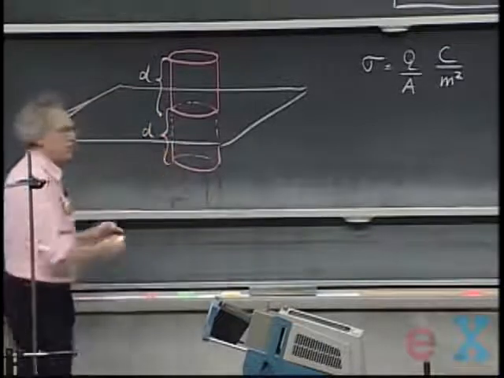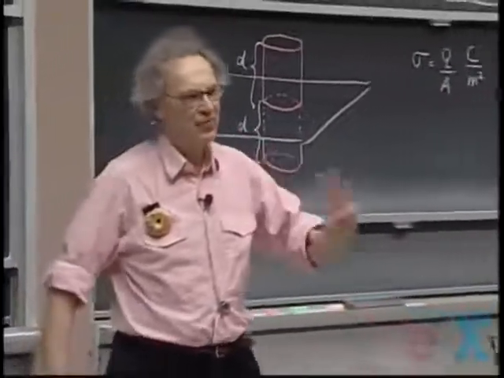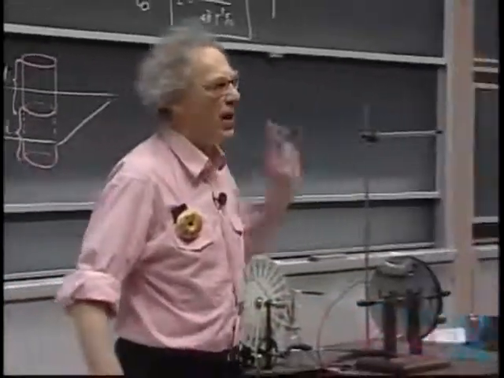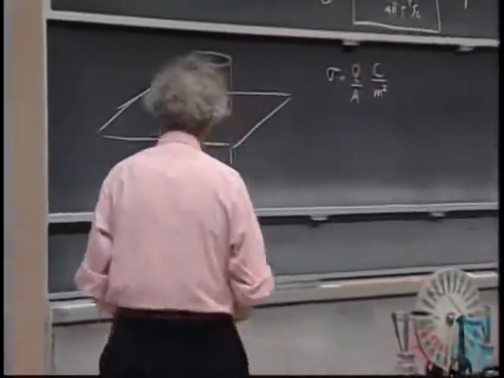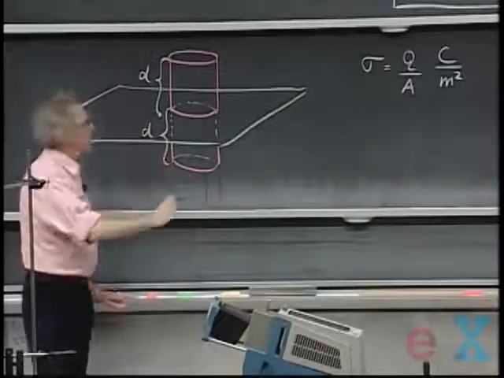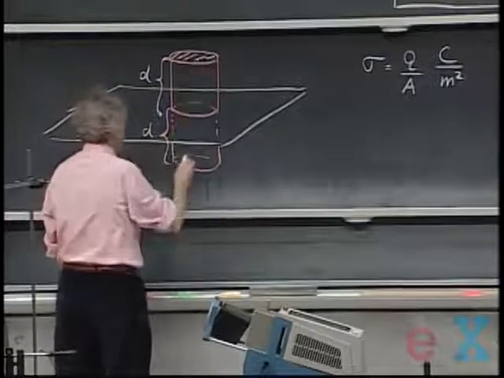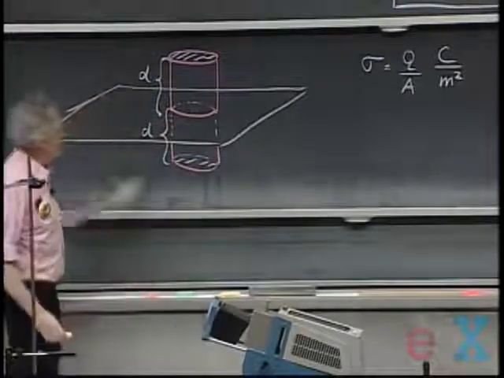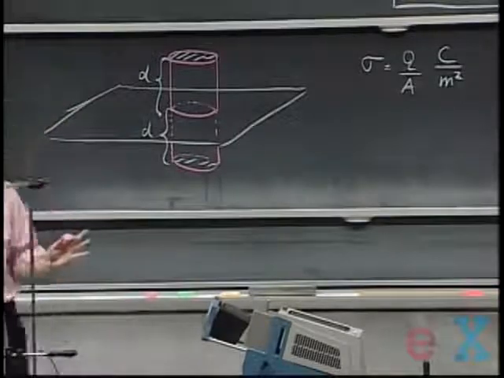It is a closed surface. Three conditions have to be met for you to be able to calculate what the E vector is at that location d. The first one is that this is a flat plane here, and this is the same flat plane, it must be parallel to the charged plane. That's a must. If you don't do that, you can't use Gauss' law.